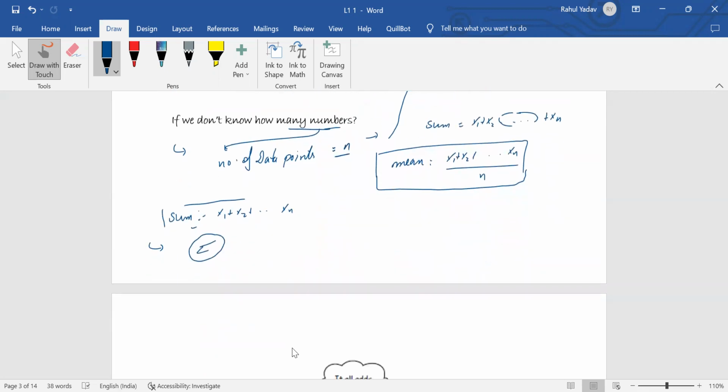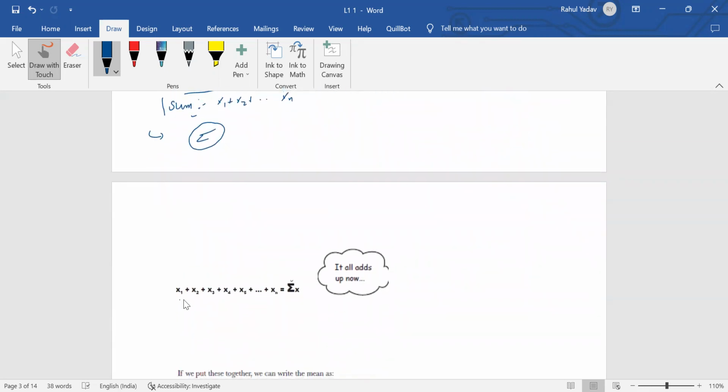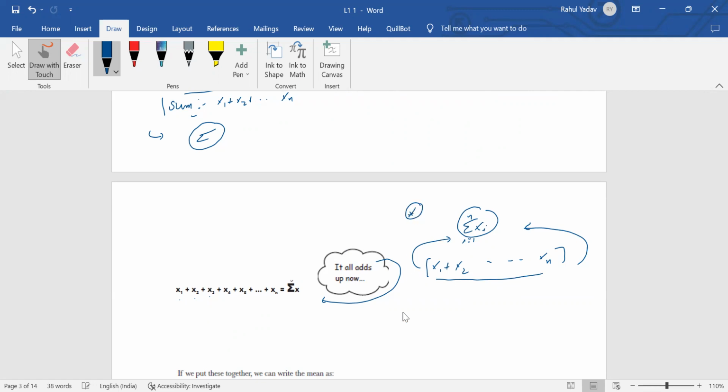So summation x is x1 plus x2 plus so on up to xn. This is the longhand form, and this is the shorthand form that adds up all the terms: xi, with i running from 1 to n if we have n data points. This is some basic mathematics.